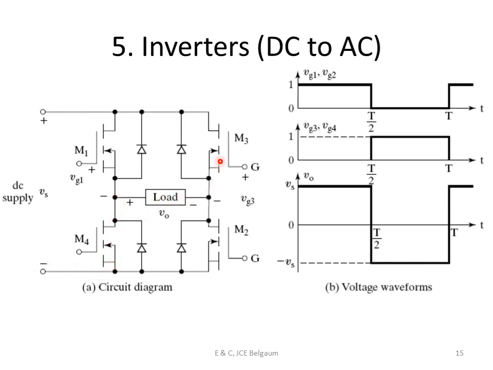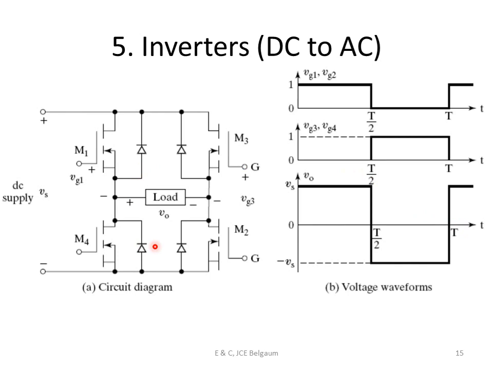What we observe is that for the second time, the current through the load is opposite to the previous. Previously, when these two are on, current was flowing like this. When these two are on, current is flowing in this direction. That means this is plus and this is minus. So during the first time M1, M2, I will be getting positive, and during these two times, I'll be getting negative.